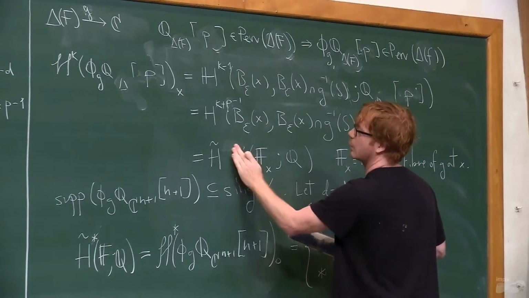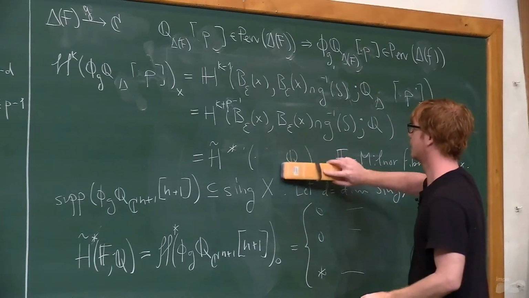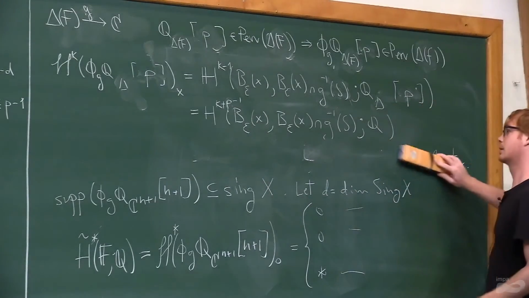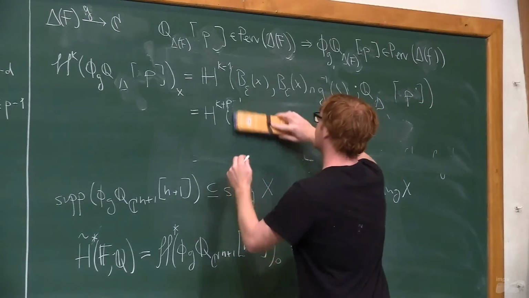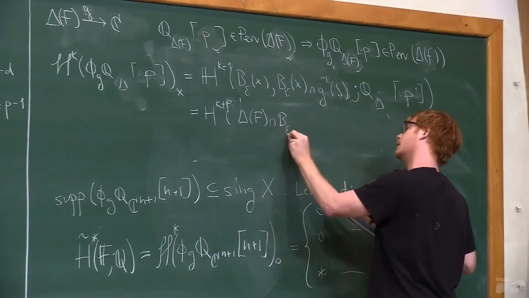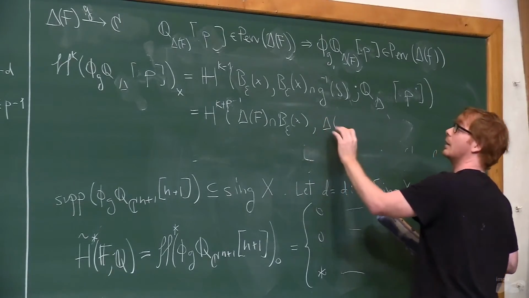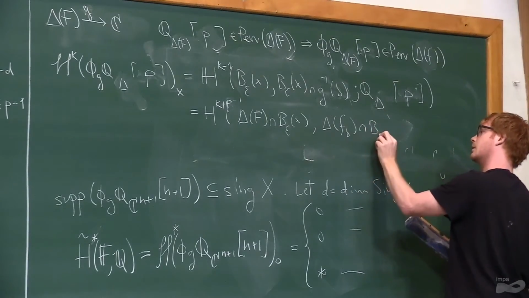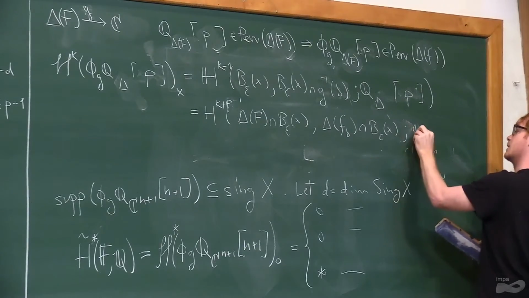Well, I mean, we already ignored this before, right? Of course, now it's not the Milnor fiber. Let's just leave it at this. So this is the discriminant intersected with the ball. And this will be the discriminant of F delta with the ball, with rational coefficients.